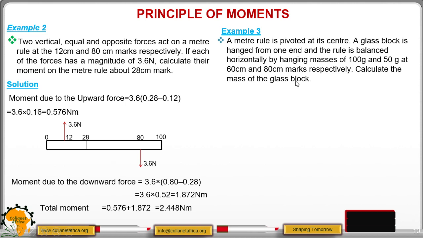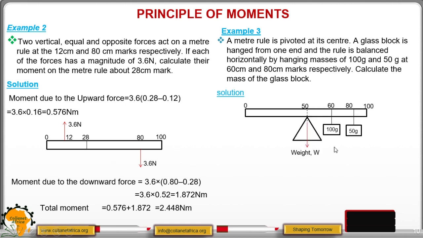Calculate the mass of the glass block. So this is what we are provided with, and we have a glass block which is hung on this side. Then we calculate the mass of the glass block. So let us proceed.